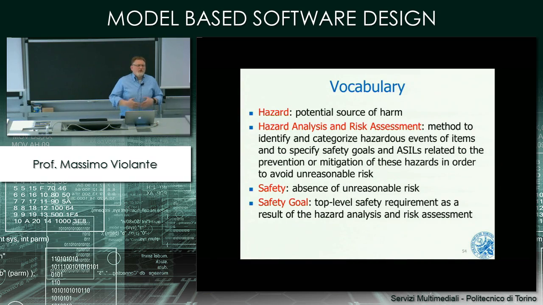So which are the functionalities that we want to insert in our item to prevent that kind of severity, to avoid that the failure produces harm to the person? Well, this is associated with the concept of safety. Our system is safe, our item is safe, when there is an absence of unreasonable risk in using that item.